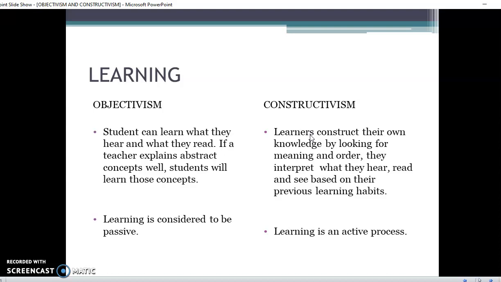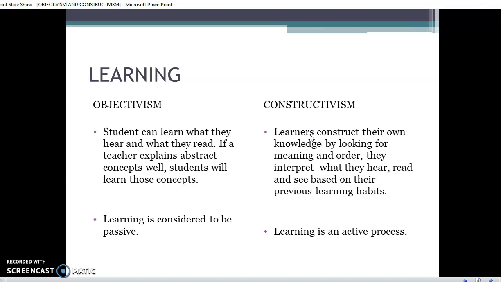So far we have seen how objectivism and constructivism differ in how they perceive knowledge, because objectivism believes that knowledge is fixed, but constructivism believes that knowledge is tentative, pragmatic, evolutionary.